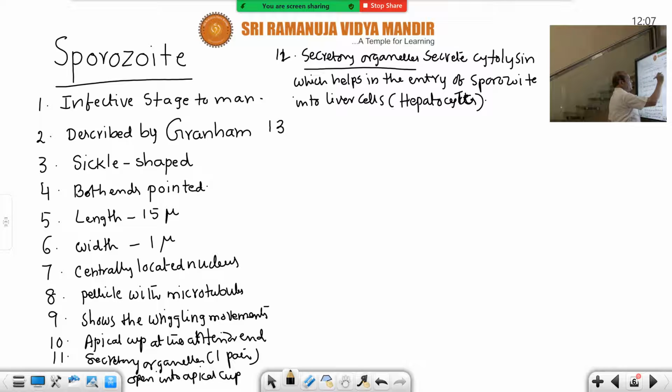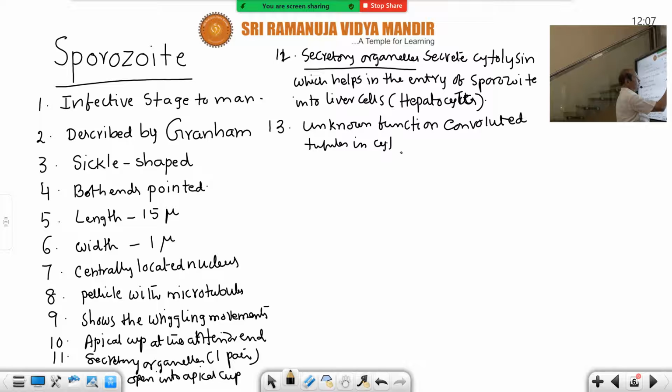And in the cytoplasm, convoluted tubules of unknown function are also there. Function is not known. Convoluted tubules of unknown function are present in the cytoplasm of the sporozoite.